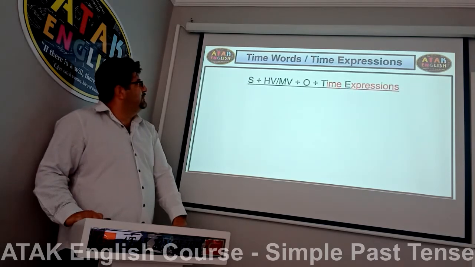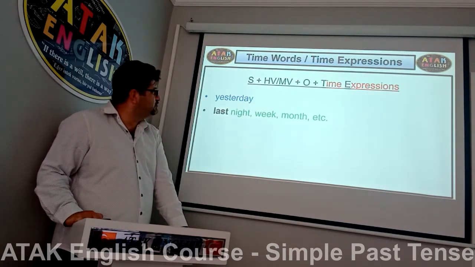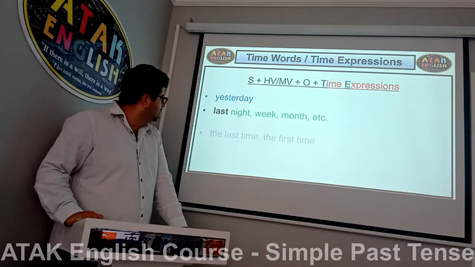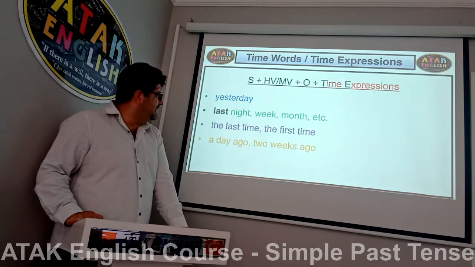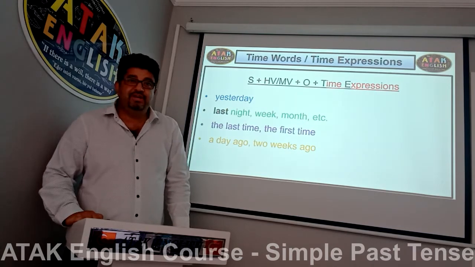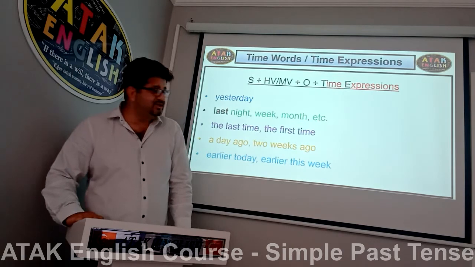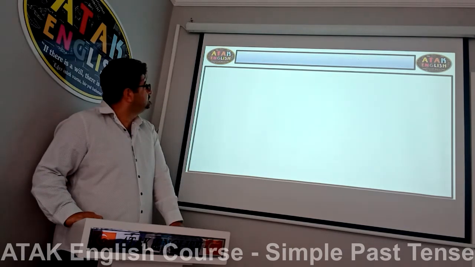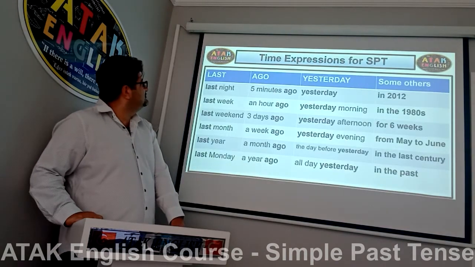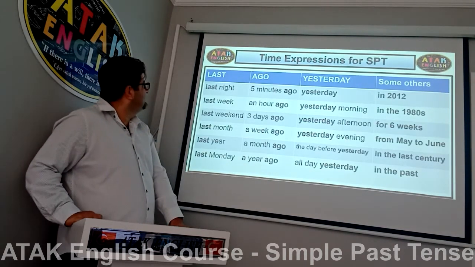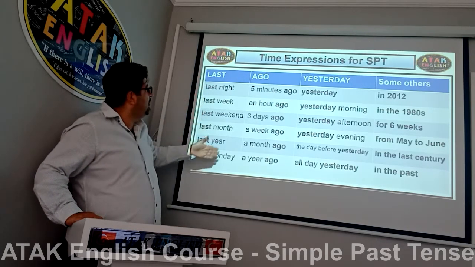Let's see time words and time expressions. Yesterday, last night, last week, last month, the last time, the first time, a day ago, 2 weeks ago, 3 months ago, earlier today, earlier this week. Examples of time expressions for simple past: last night, last week, last weekend, and so on.